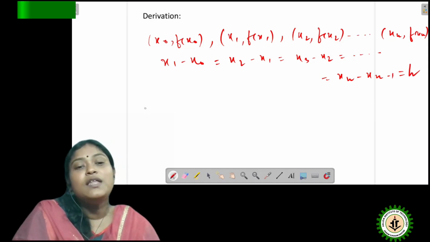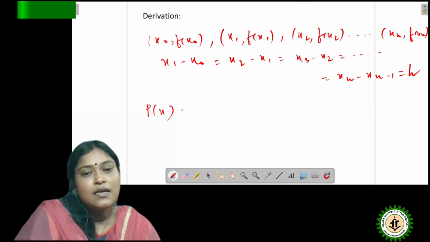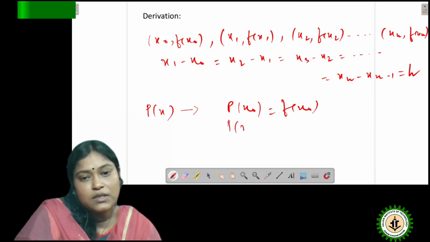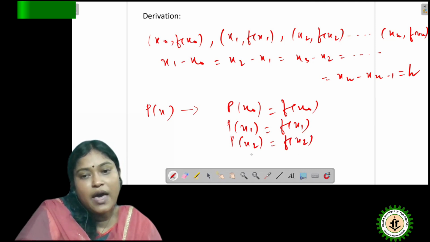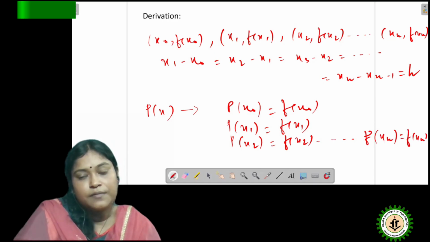Now here we will fit one polynomial p of x such that p of x naught will be equal to f of x naught, p of x1 will be equal to f of x1, p of x2 will be equal to f of x2, and in this way p of xn will be equal to f of xn.